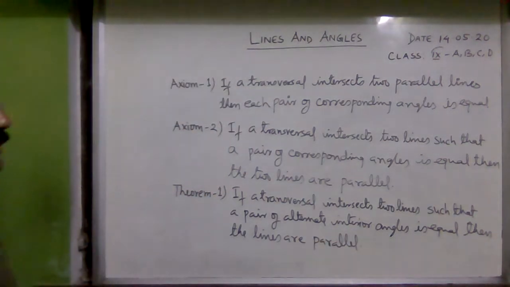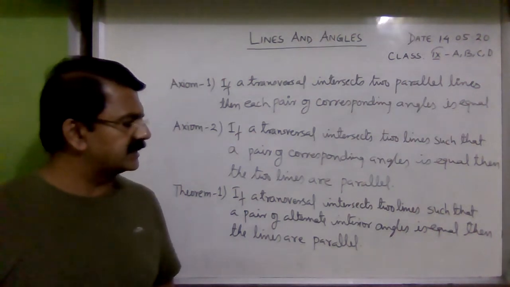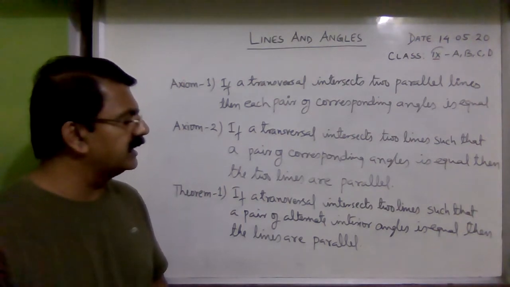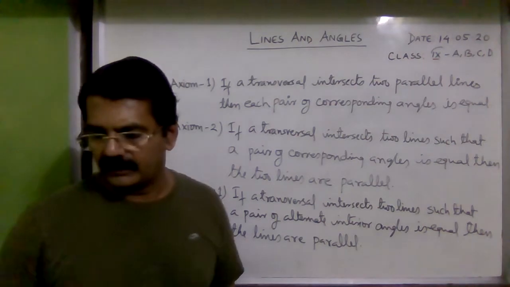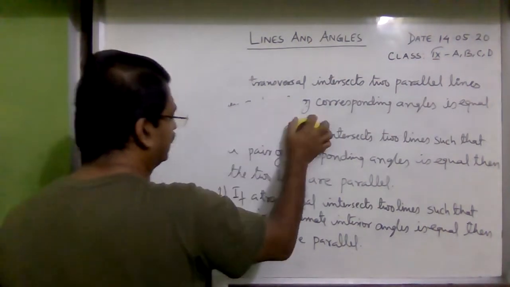So that also I have already told you: if a transversal intersects two lines such that a pair of alternate interior angles is equal, then the lines are parallel. But as it is a theorem, we have to prove it.